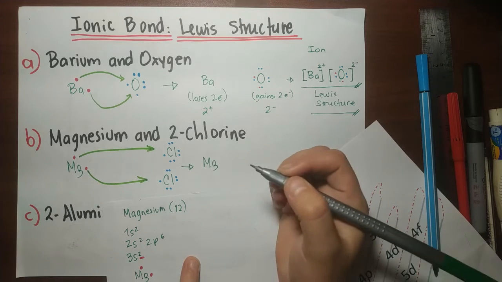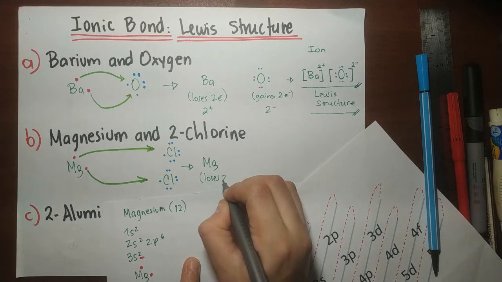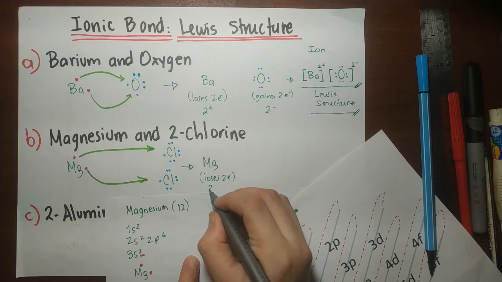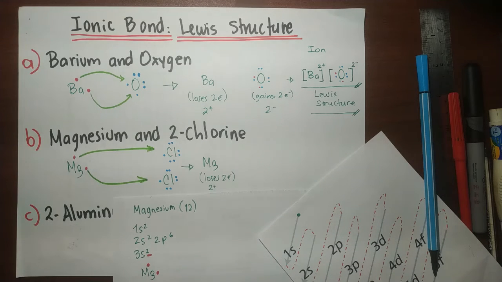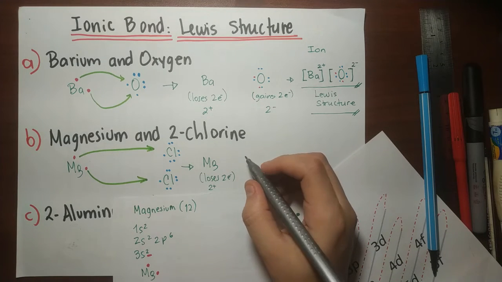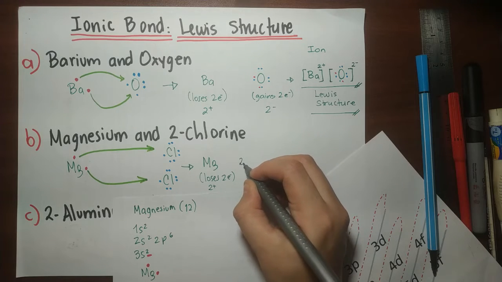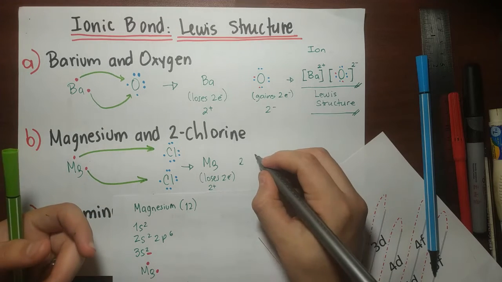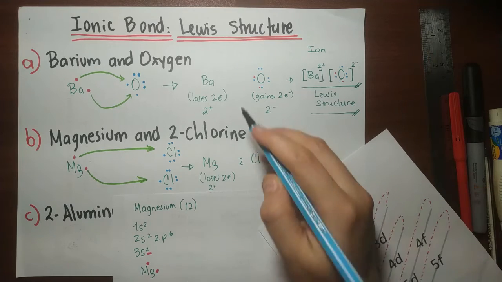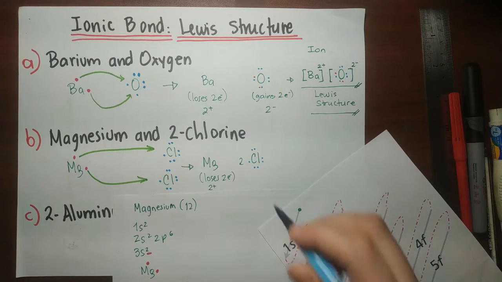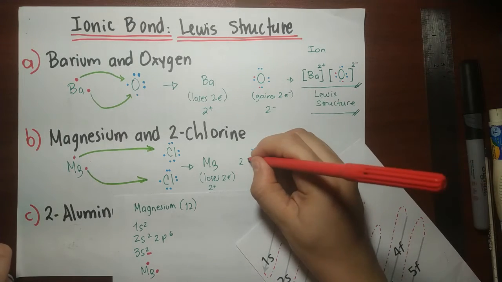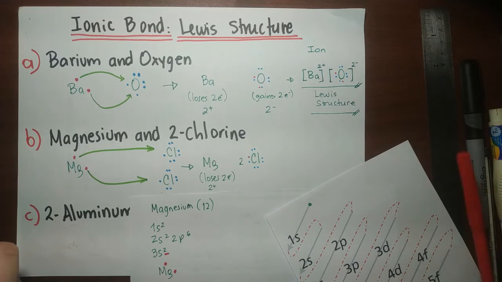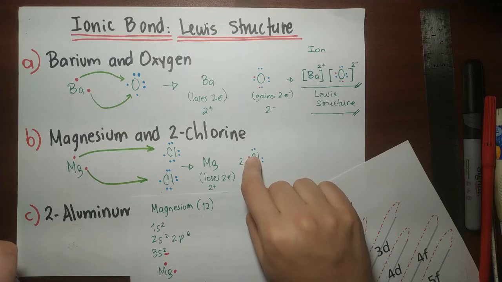Magnesium will be alone, loses 2 electrons, therefore the charge is 2 plus, and you will have 2 chlorines, because you have 2 chlorines over there, and this chlorine has 1, 2, 3, 4, 5, 6, 7 dots, plus 1 that comes from magnesium, because it is twice, remember, 2 times 1 is 2.